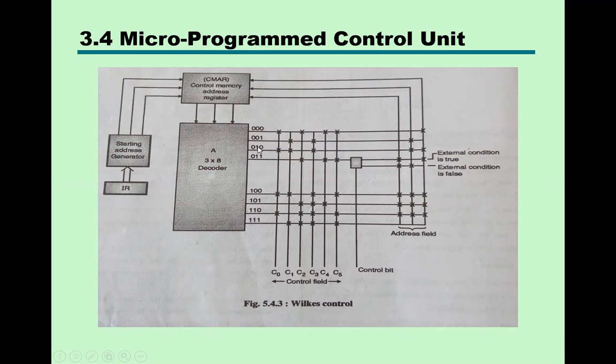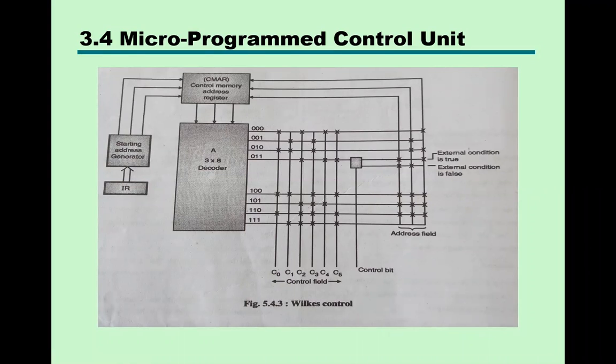Obviously, these lines are activated, so these lines generate a control signal, and the address of the next micro instruction to be executed. So after generating a control signal, there is an address and the next micro instruction will be executed.